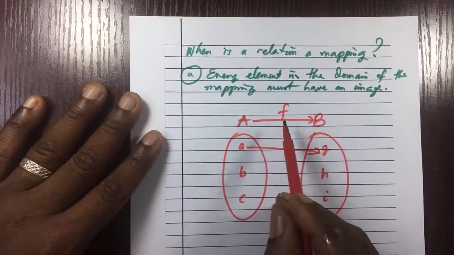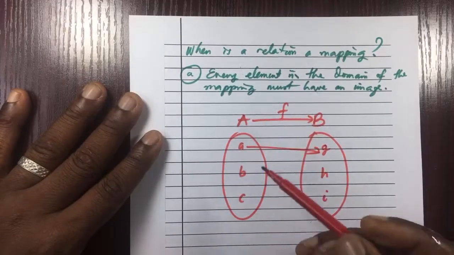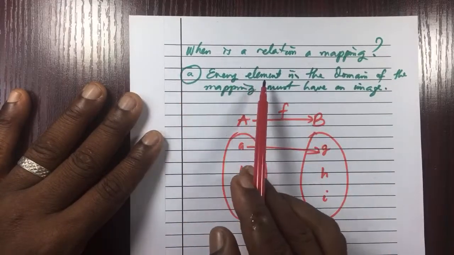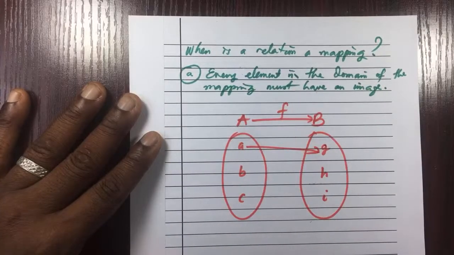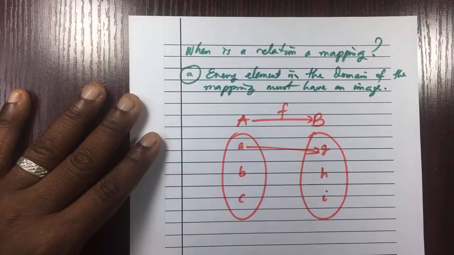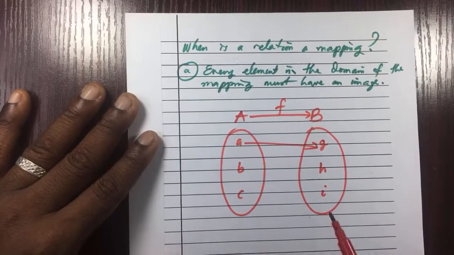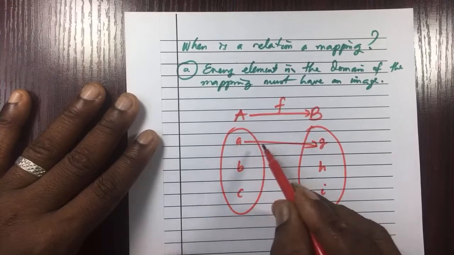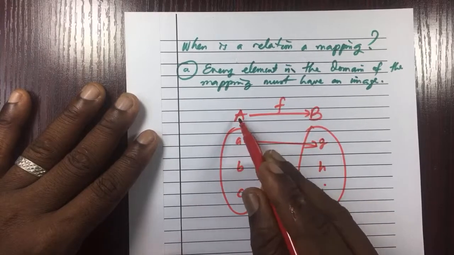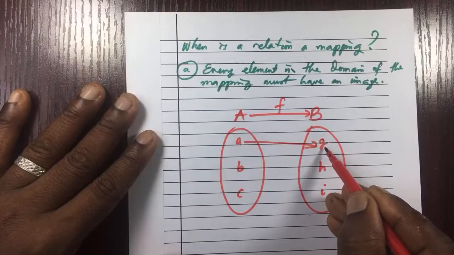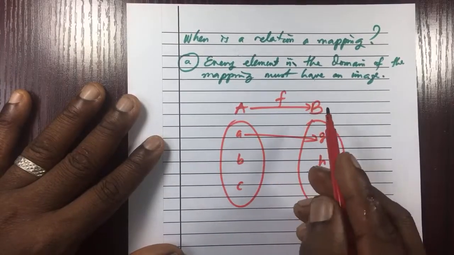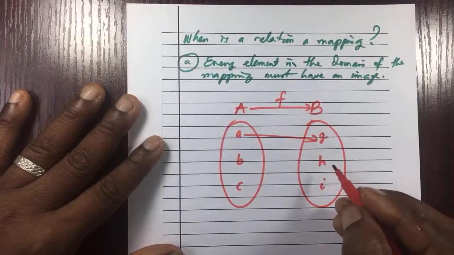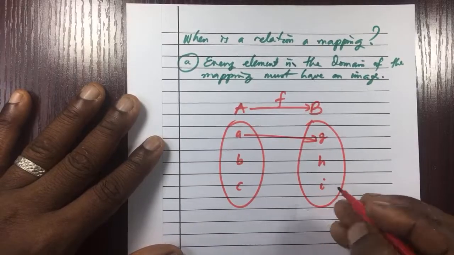For us to know whether F is a mapping, we must examine condition A. Every element in the domain of the relation must have an image. If there is at least one element not having an image, then that relation is not a mapping. So I'm going to assign A in A an element G in B, and I'm going to assign B in A an element I in B.